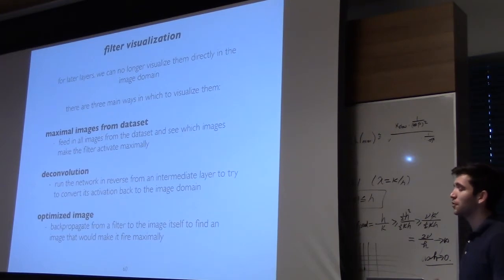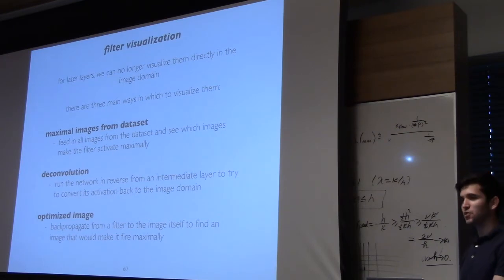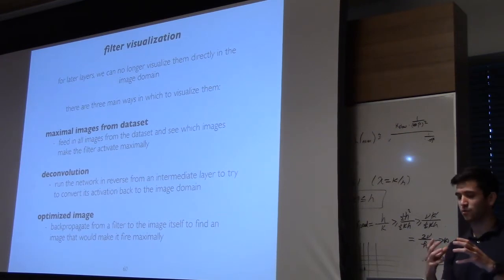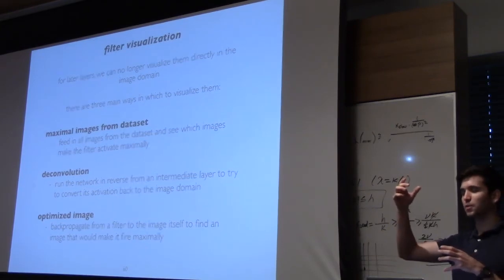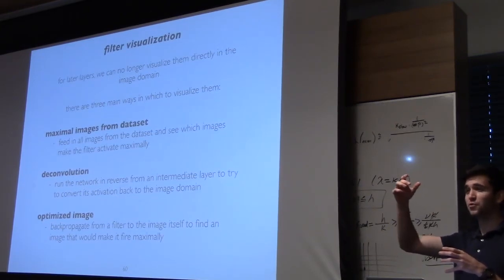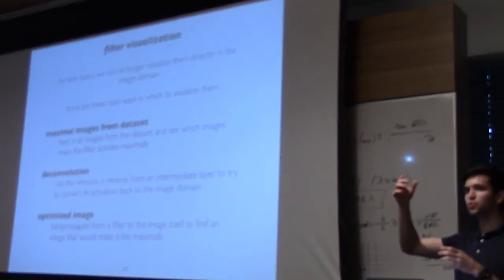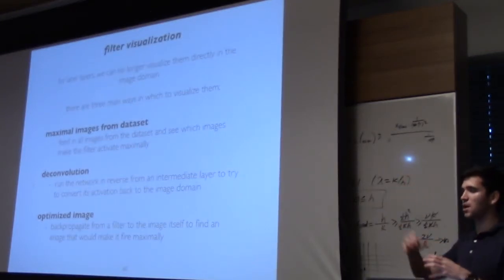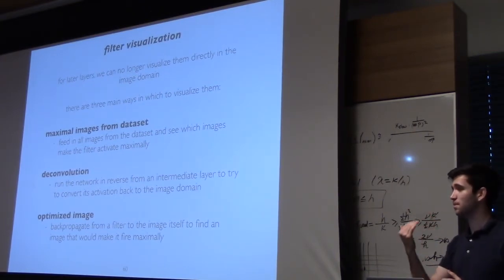And another approach would be, I'm going to treat it as an optimization problem. I'm going to have an input, and I'm going to have a filter. And what I'm going to do is backpropagate from the filter to the image to try to actually increase this filter's activation. So I'm going to try to change my image in such a way that this filter lights up even more.